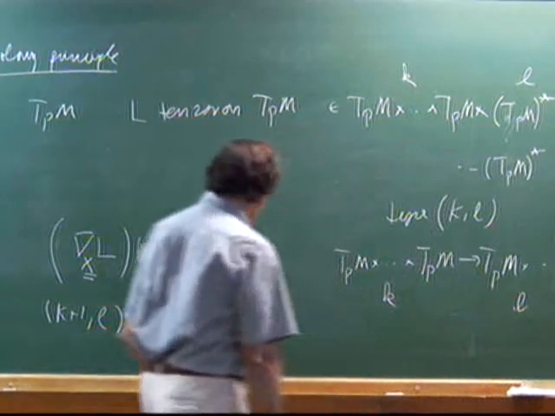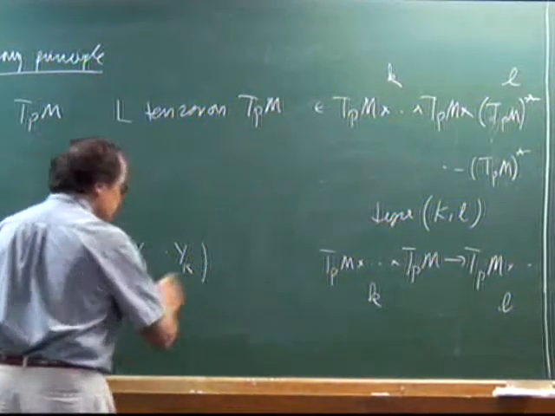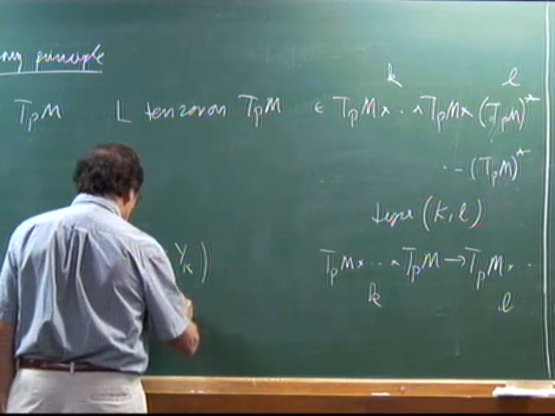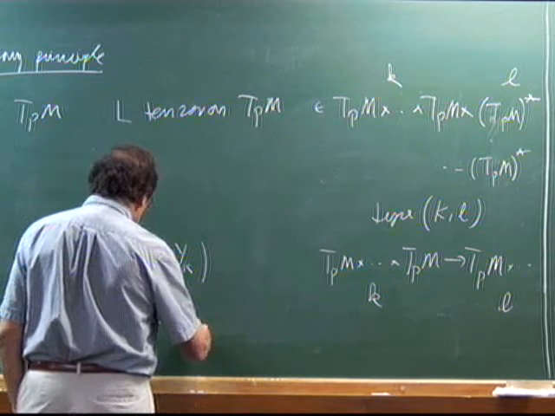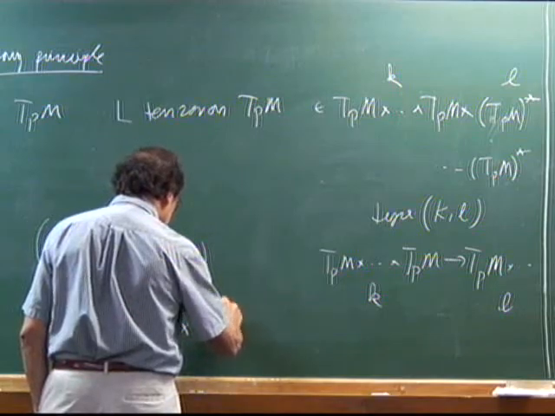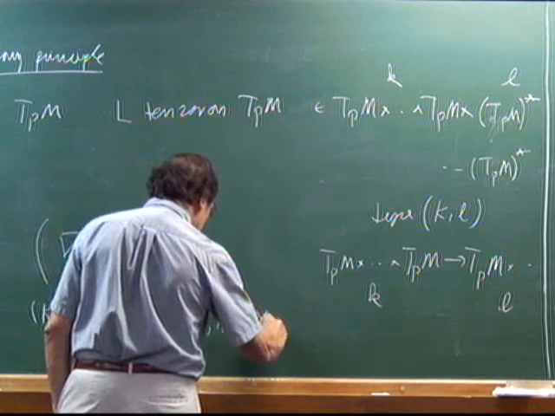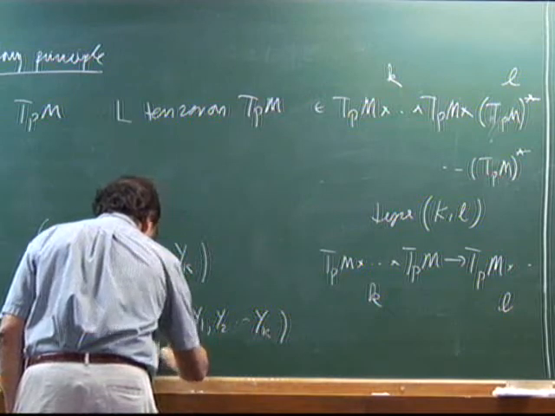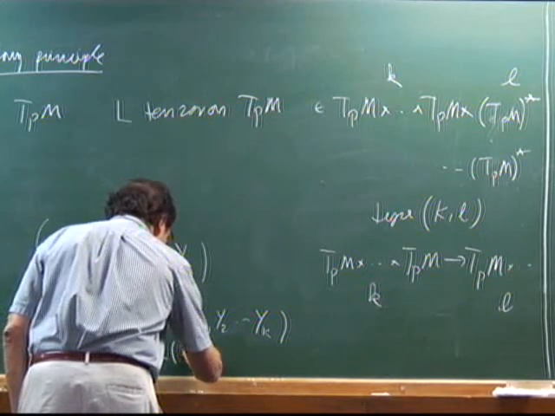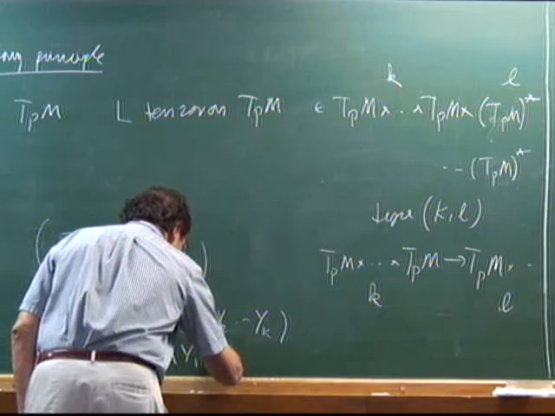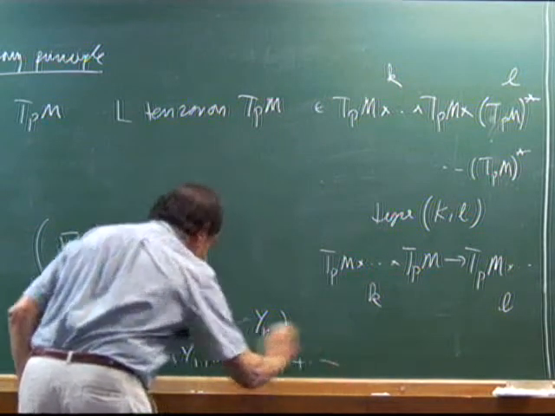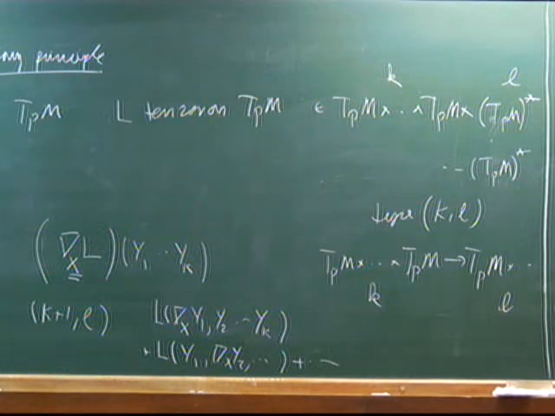Then this has L components, and I differentiate each one separately: take L applied to nabla_X Y1, Y2 up to YK, and then alternate. Differentiate each component separately and then add them together.